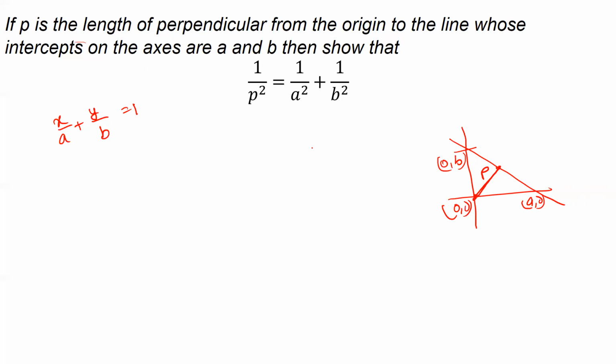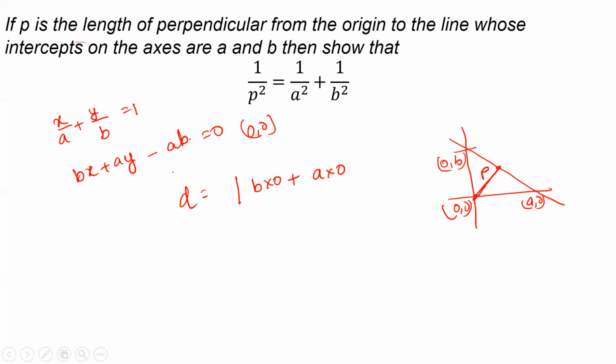So we already know how to calculate the distance of a point from a line. First of all, we have to write this equation in the standard form. So we can write it as bx plus ay is equal to ab. This is the standard form of the line. And now we have to find out its distance from the origin. So we can find out the distance d to be |b times 0 plus a times 0, and we have to take this ab on the other side, minus ab| is equal to 0.